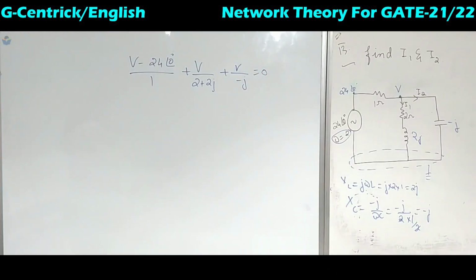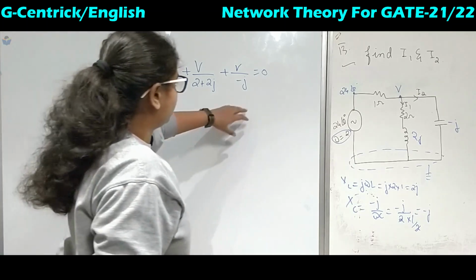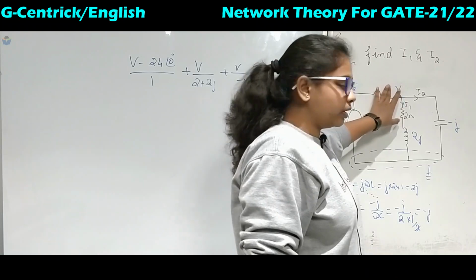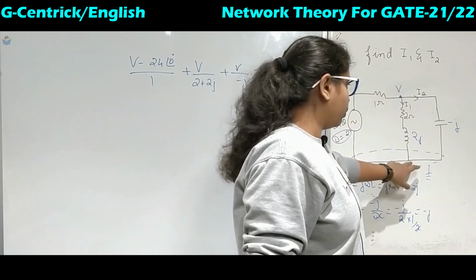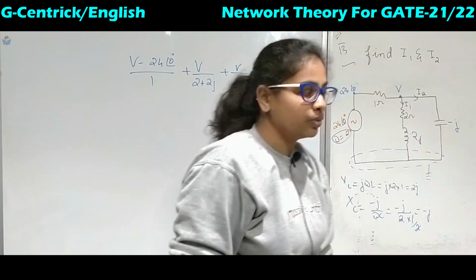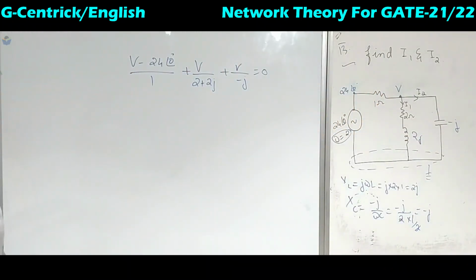There is no incoming current. Now we have to find I1 and I2. Once we find this node voltage, we can do V upon this resistance value and V upon this value, so we will get I1 and I2.